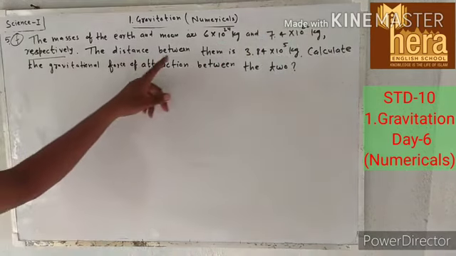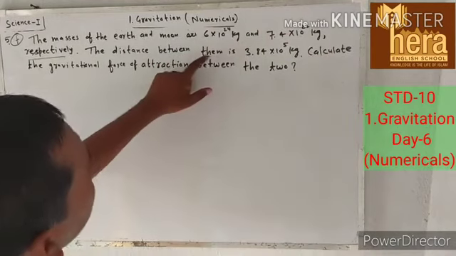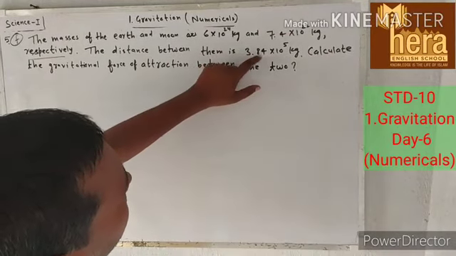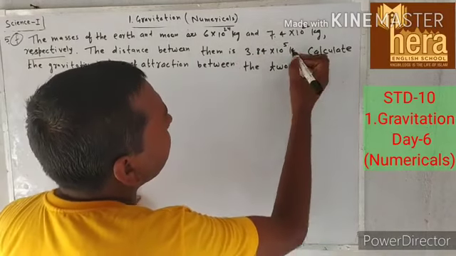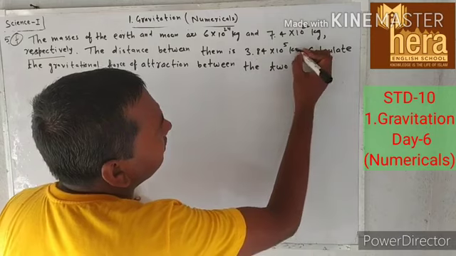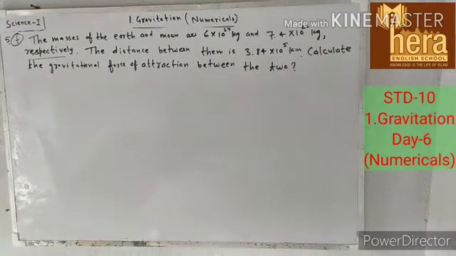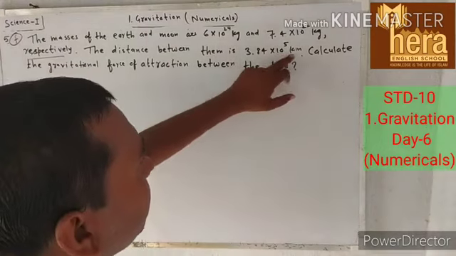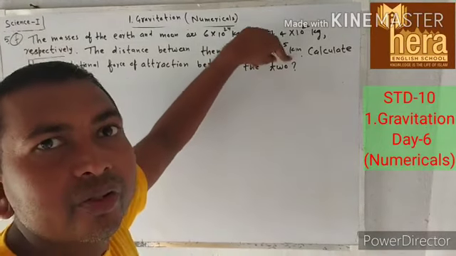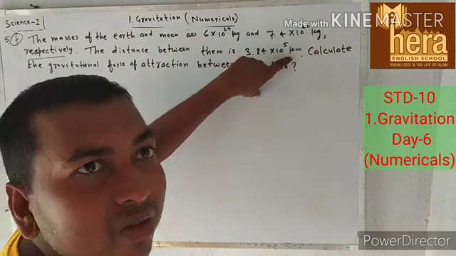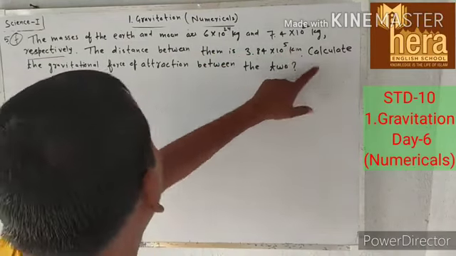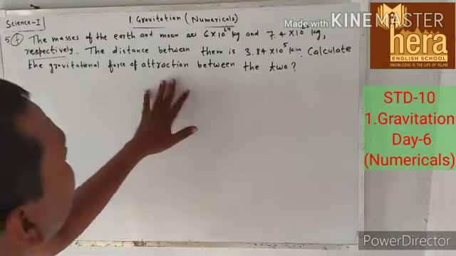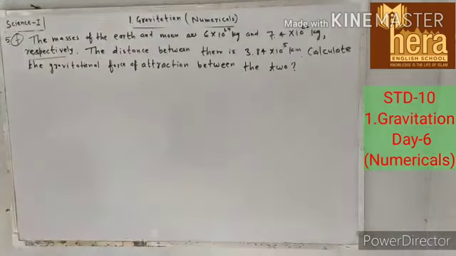The distance between them is 3.84 into 10 raised to 5, not kilogram, that is kilometer. Yes, kilometer. Here it is in kilometer, so you have to convert kilometer into meter, otherwise the answer will not come. Calculate the gravitational force of attraction between the two.